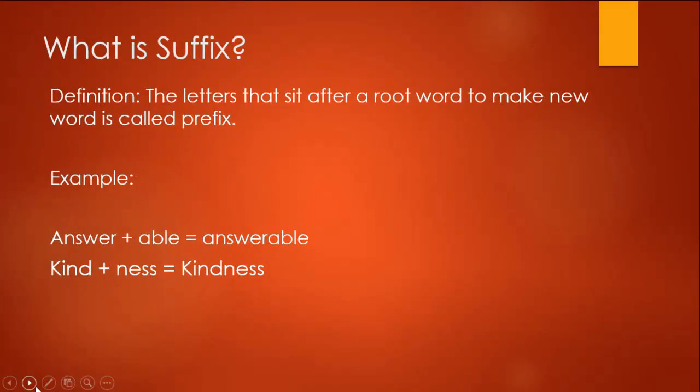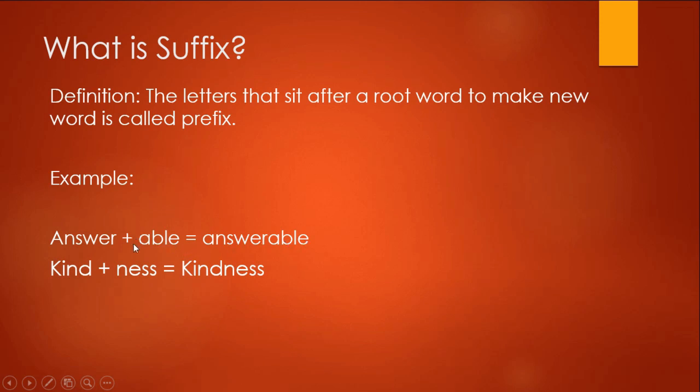Now let's see what is suffix. The definition will be the same as the previous one. The letters that sit after a root word to make a new word is called suffix. So example will be answer plus able. Answer is the root word here, and after this root word we have added able, and we get another new word, that is answerable.